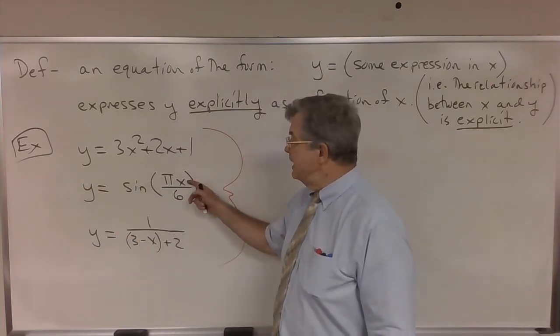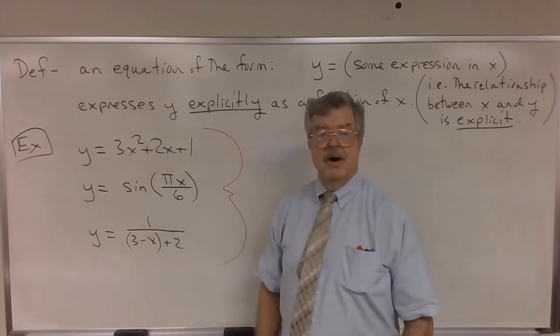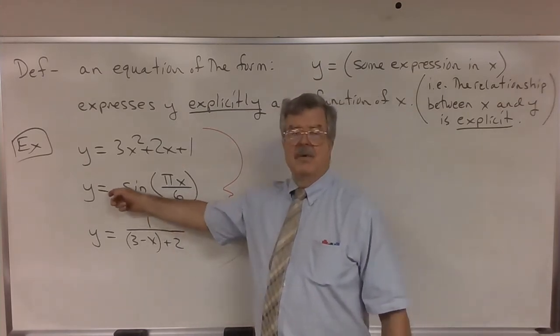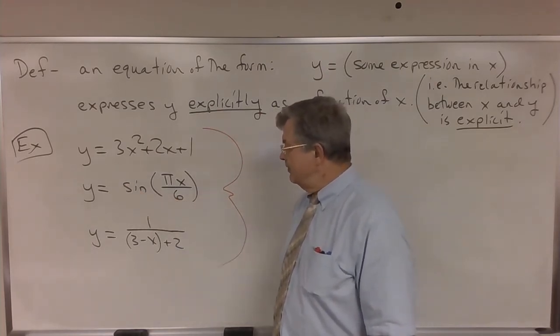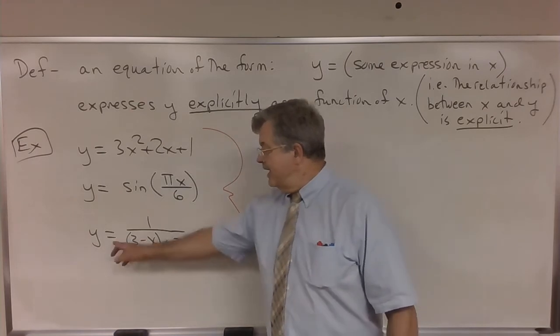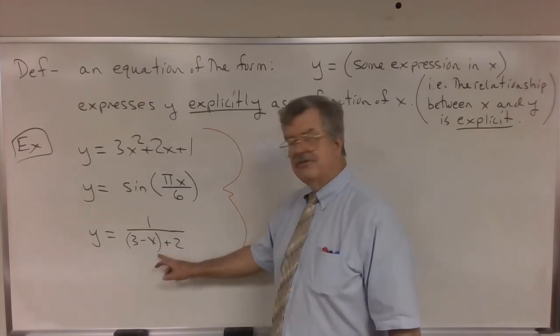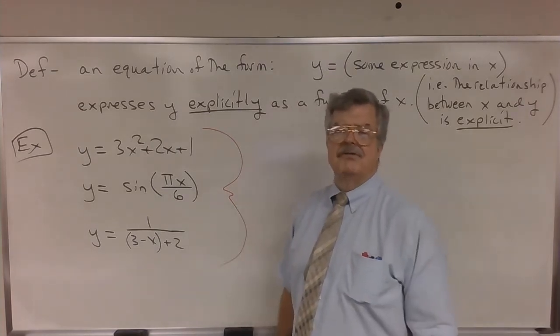When x is 3, y is the sine of pi over 2, which is 1. So again, if we know what x is, we know what y is. And same thing here. When x is 0, y is 1/5. When x is 3, y is 1/2. The relationship between x and y is explicit.